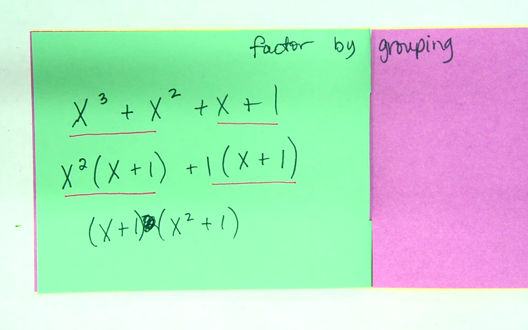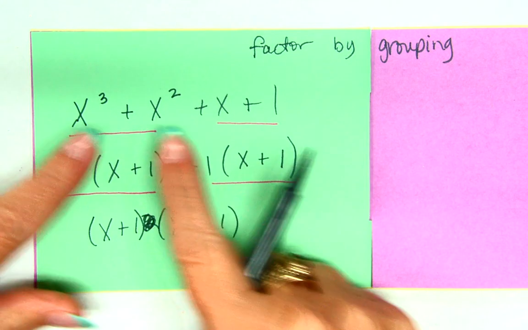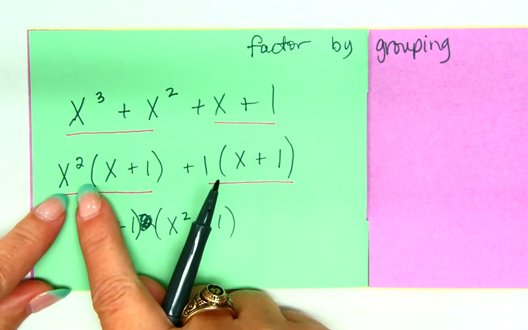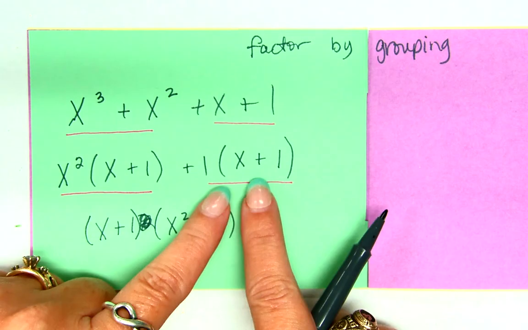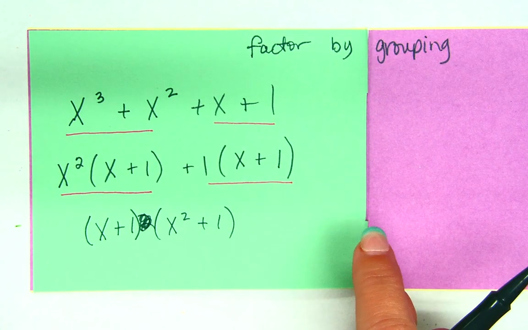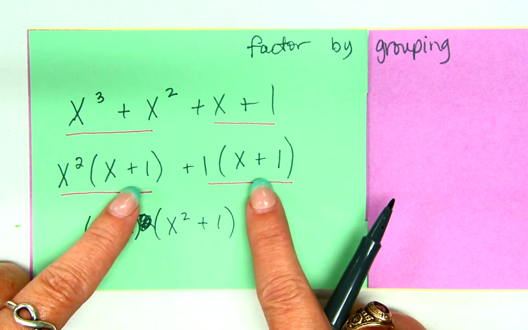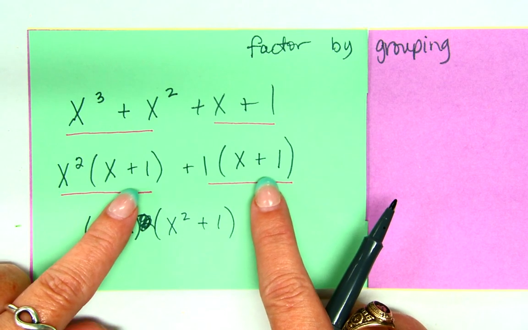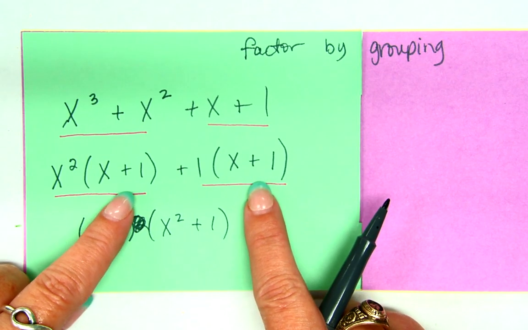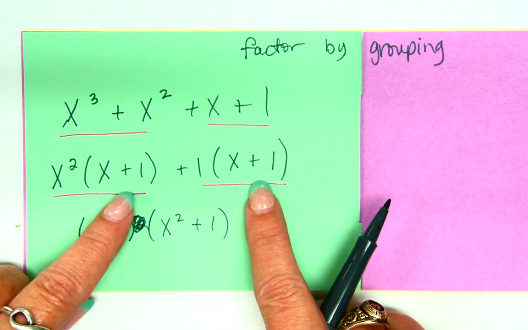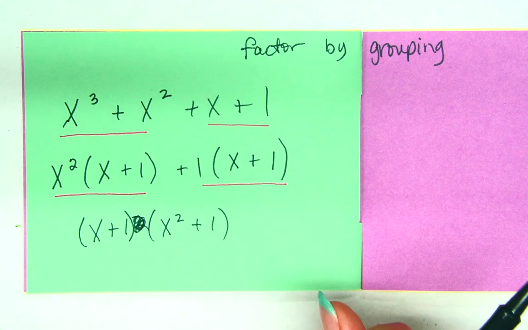That's just our very basic one that I wanted to start with. Okay? So I group 2 and 2. I factor out a common term in the first 2, factor out a common term in the second 2. What's my goal? To get the same parentheses, right? So in some of these problems, it's kind of tough to see what the greatest common factor is at first, right?